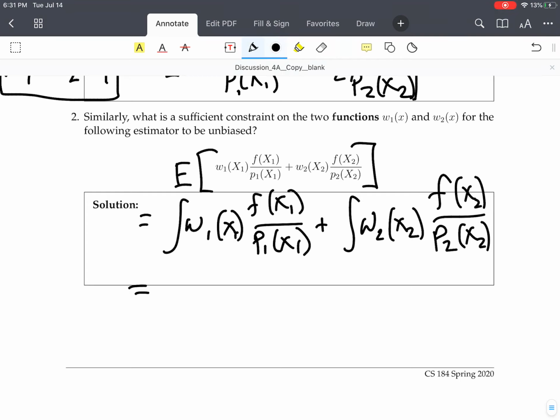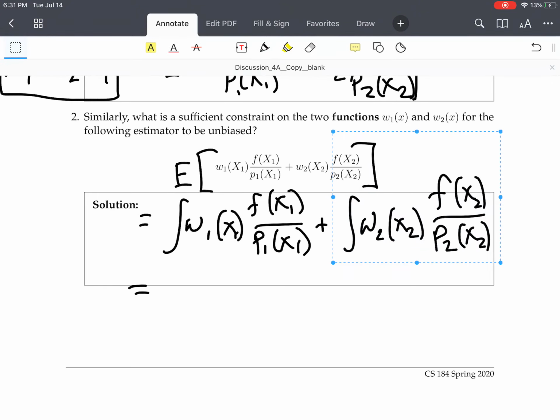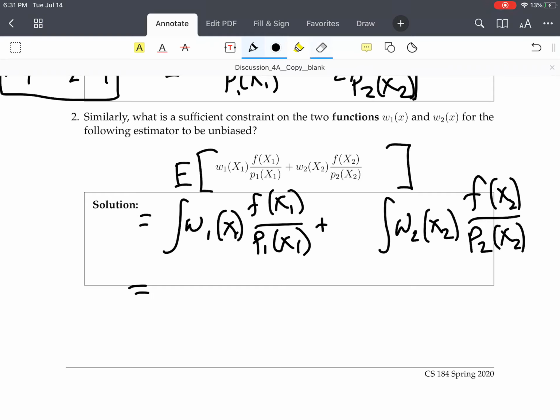Then we can come over here. Whoops, I actually made a mistake. So let me do this. Let me take this and move it there, so we have to multiply by this.